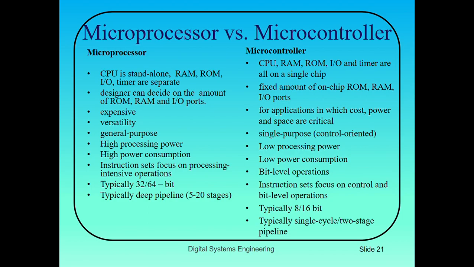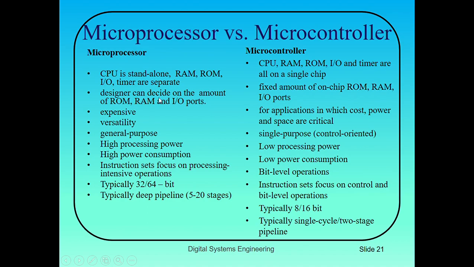Here you can find these points in the list. Let's discuss microprocessor. The CPU is a standalone device with RAM, ROM, and IO timers, and everything is separate. While in a microcontroller, CPU, RAM, ROM, IO, and timer are on a single chip.